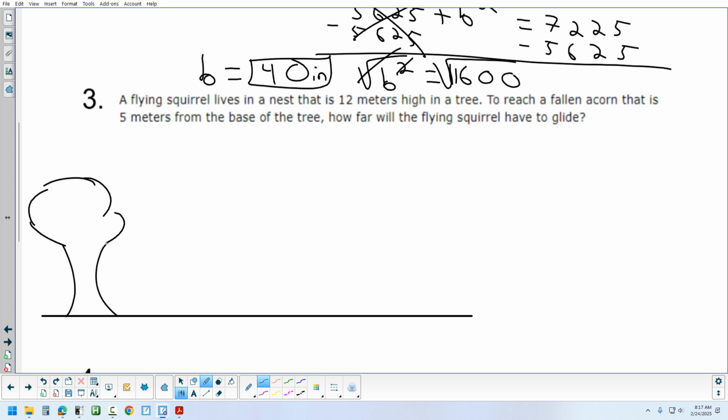To reach an acorn that is 5 meters from the base of the tree. So here's the base of the tree. So the acorn is over there. It rolled 5 meters away. So let's say the squirrel is up in the tree.